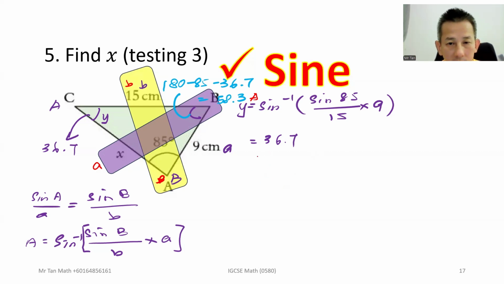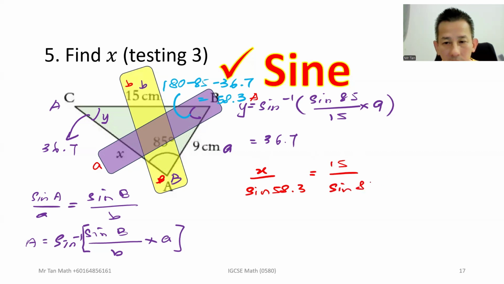So we use the lengths. x over sin 58.3 equals 15 over sin 85.